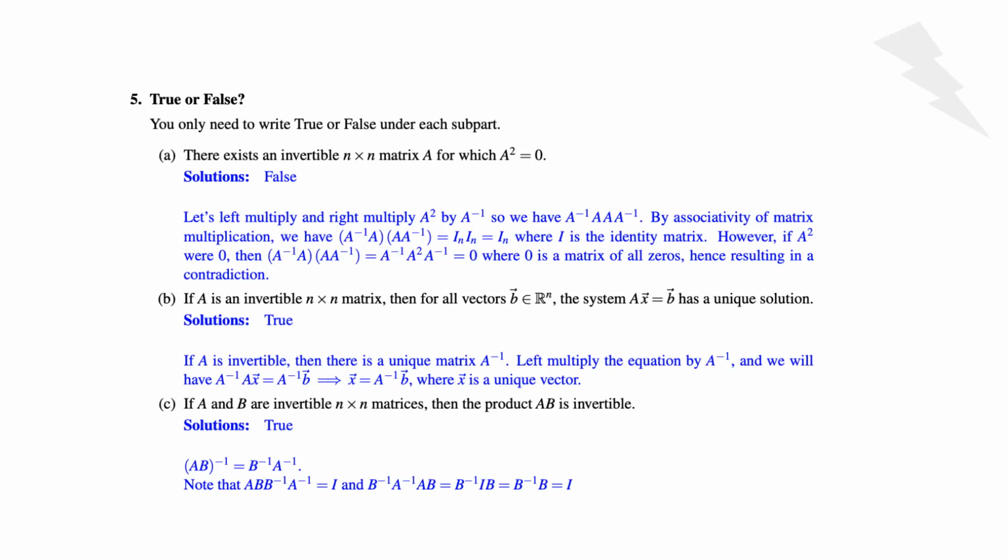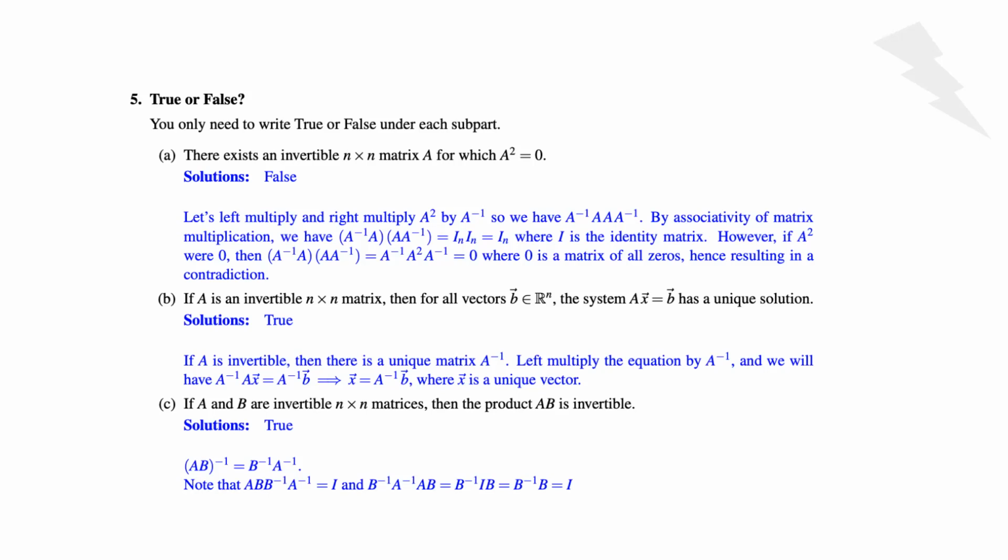And then for part C, all they're doing here is using a basic formula that says the inverse of A times B is equivalent to B inverse times A inverse. We know the definition of an inverse is that when you multiply a matrix by its inverse, you get the identity matrix.